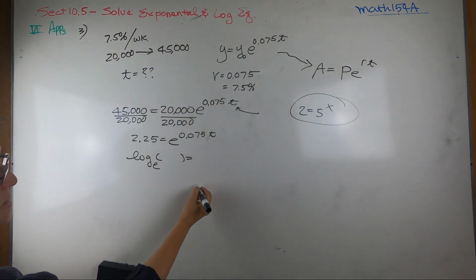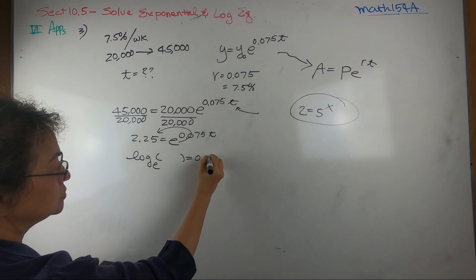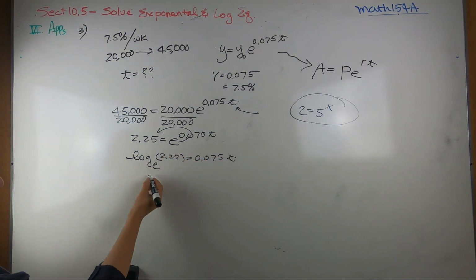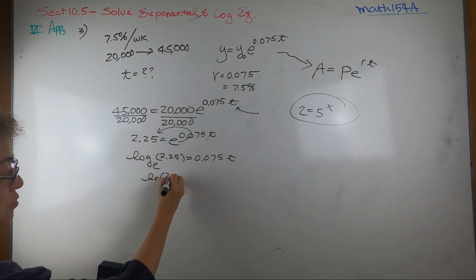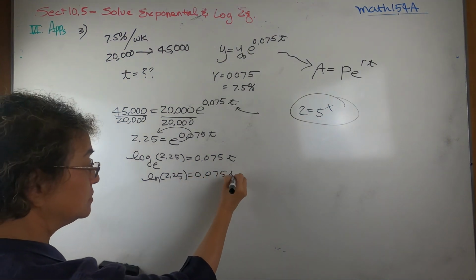What's in the middle? What's outside? So you hook it to the outside to get inside. Then how do we find this value? This one is a natural log of 2.25, which is on your calculator.